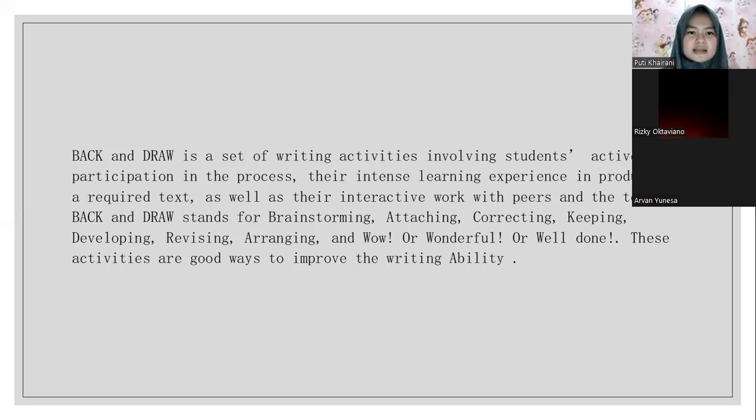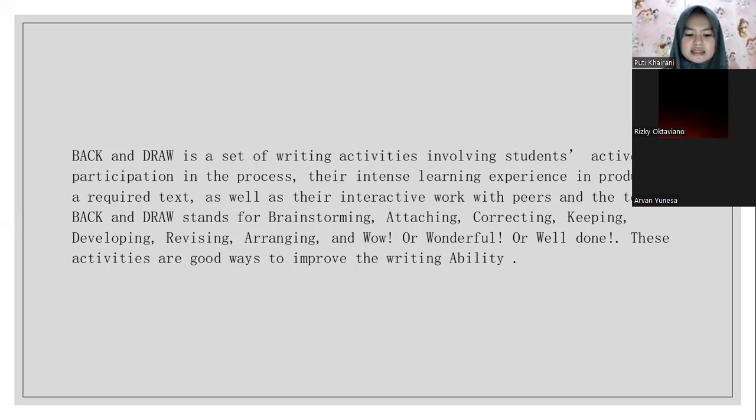BACKDRAW is a set of writing activities improving student participation in the process, their intensive learning experience in producing the required text, as well as their interactive work with peers and the teacher.